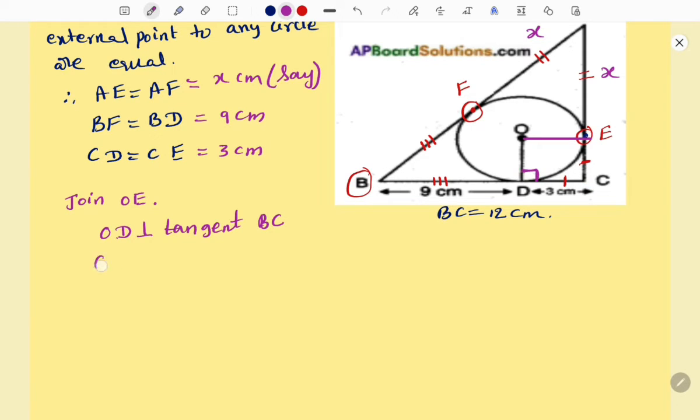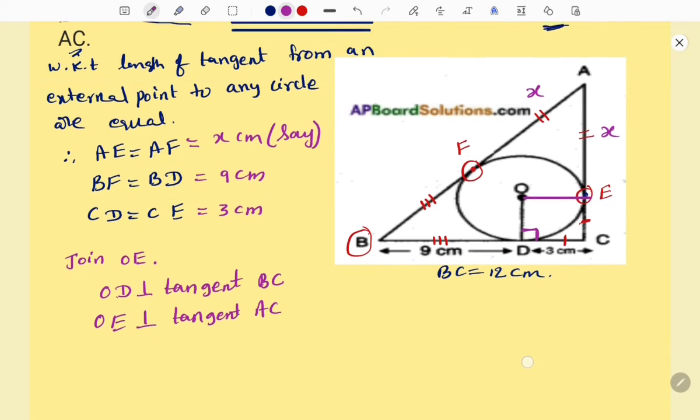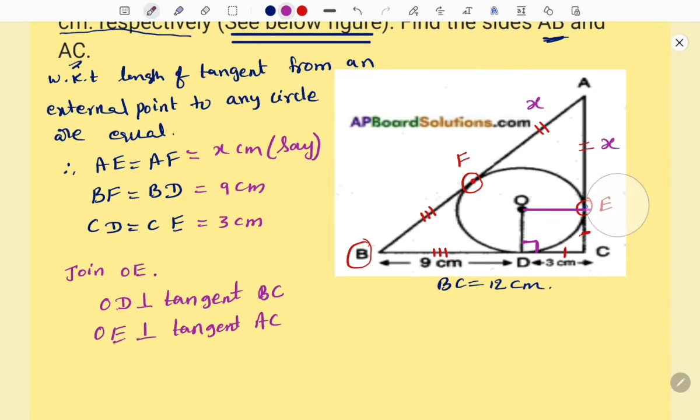And also OE is perpendicular to tangent AC, since AC is the tangent. So here also it is 90 degrees.